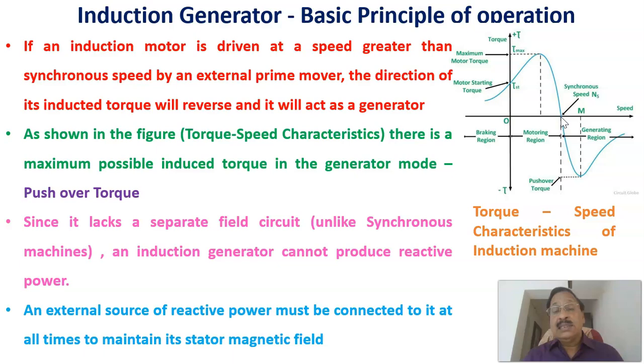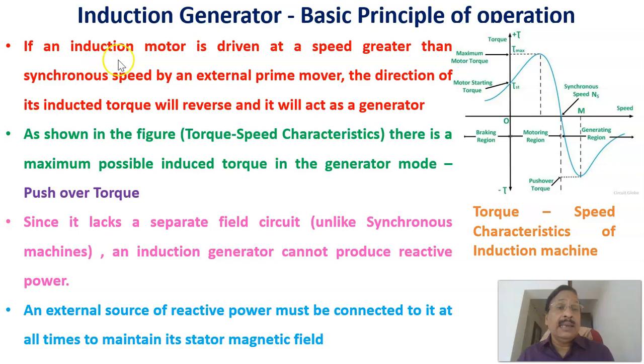If the speed is less than the synchronous speed, it is working as an induction motor, and if the speed of the machine is more than the synchronous speed, it is working as a generator. Therefore, this region corresponds to induction generator operation, and this region is induction motor operation.